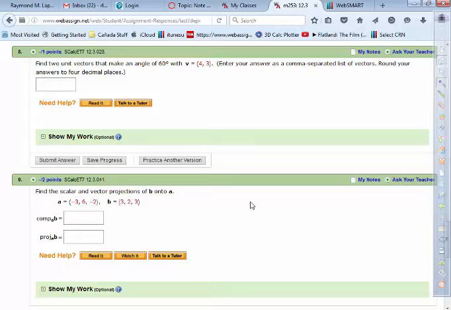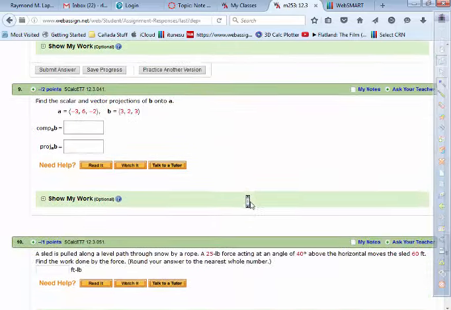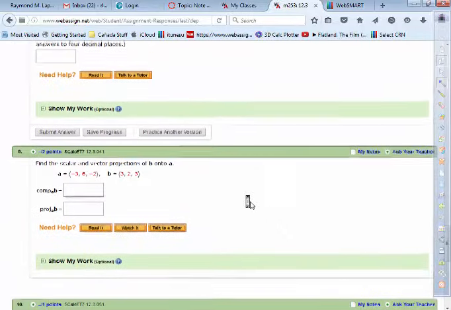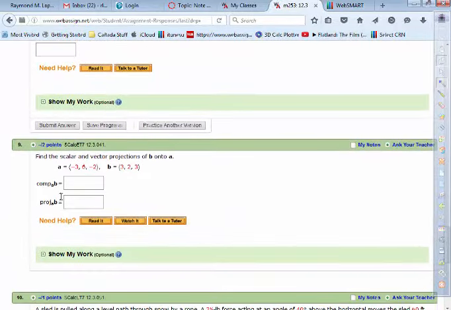Oh, number 8 looks interesting. But number 9 is the one with the projection problem. What? Well, as an example, I would do number 9, but it's just putting in stuff in the formula, so can I just not do that and say that I did? All right.